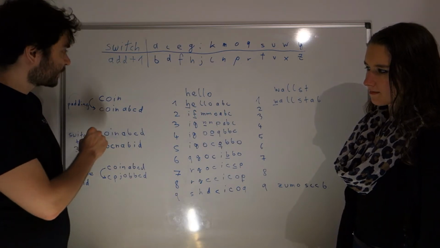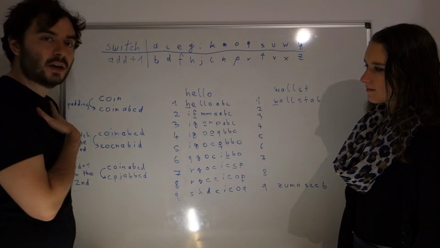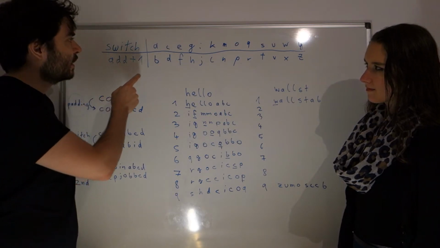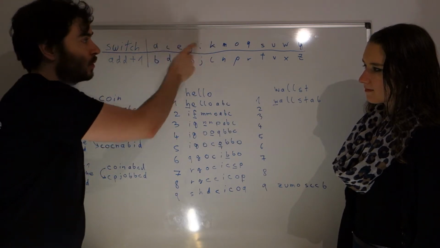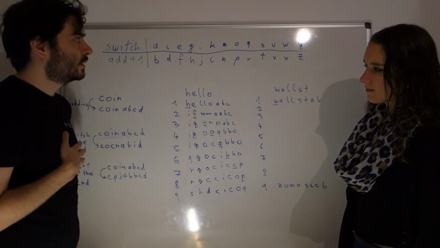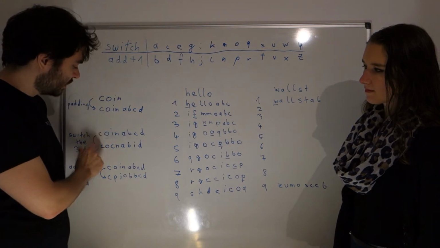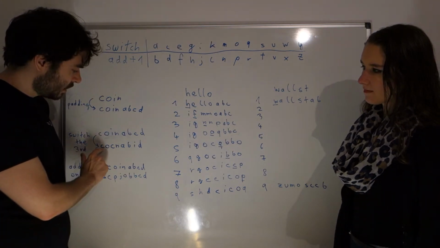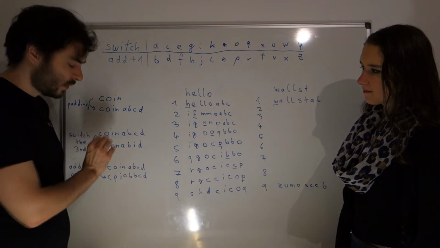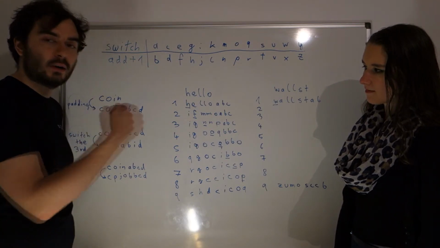If the character is in the upper row, so if it's A, C, E, and so on, then we're going to switch the character with the character that is 4 characters ahead.